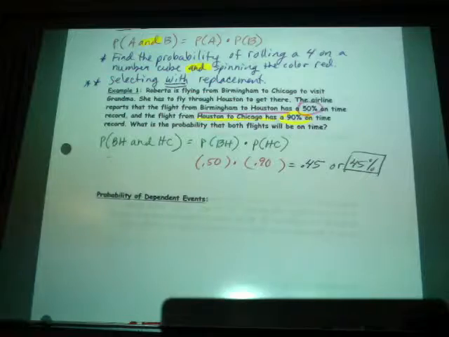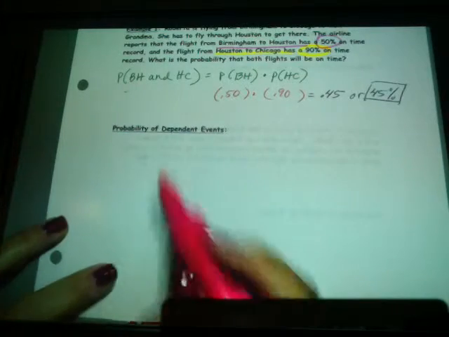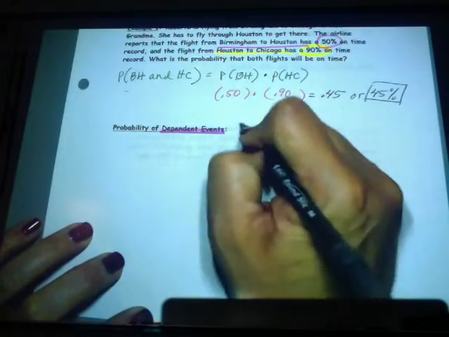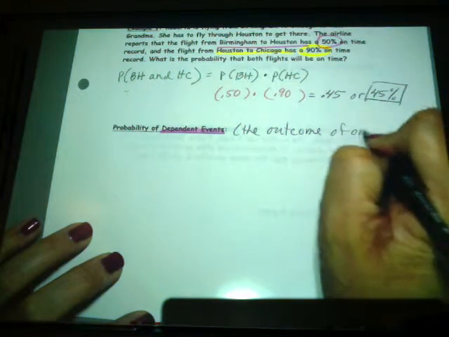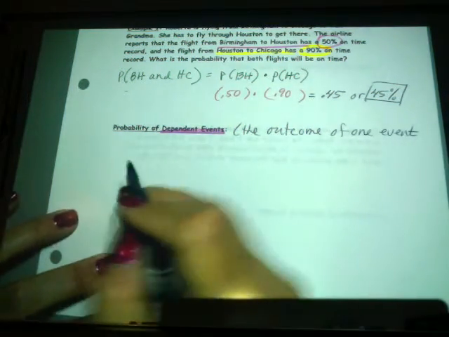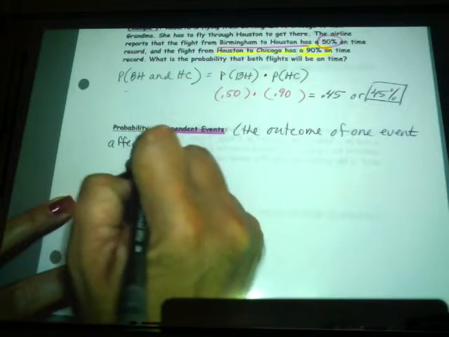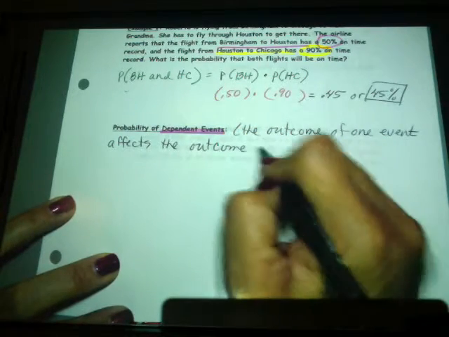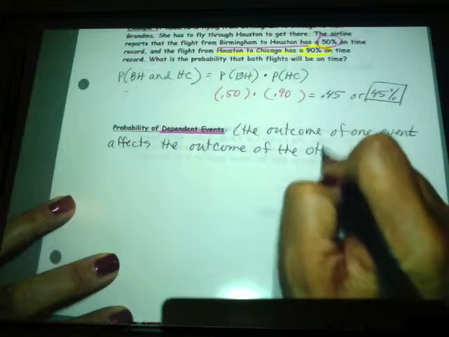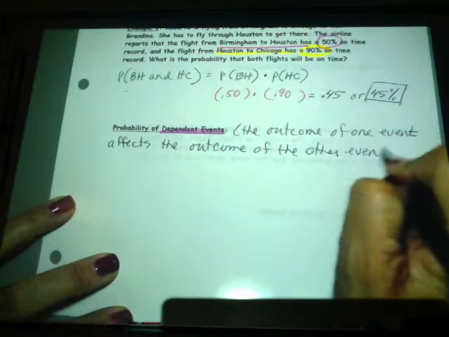All right. So let's, Tristan, look at the probability of dependent events. One of your jobs today is going to be to determine: is this an independent situation or a dependent situation? So for dependent, the outcome of one event affects the outcome of the other event or events.